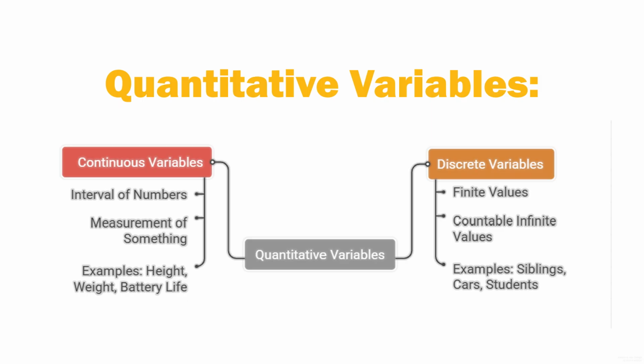Data are classified according to the type of variable from which they are obtained. And so when we have data, we have a value of a variable, and then we have different types of data, and from there we can create a data set.